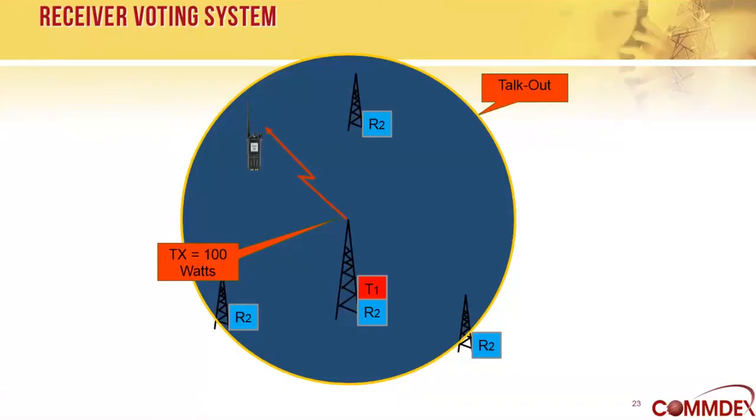The solution that came out and is pretty popular today is a receiver voting system, whereby you take a series of remote receivers. These are sometimes called satellite receivers, but I don't like that name. People think it has to do with satellites, and it's not. They're remote receivers that you distribute around the service area that pick up the signal and send it to a central device.